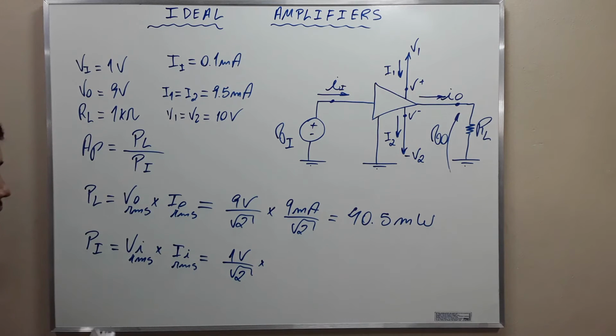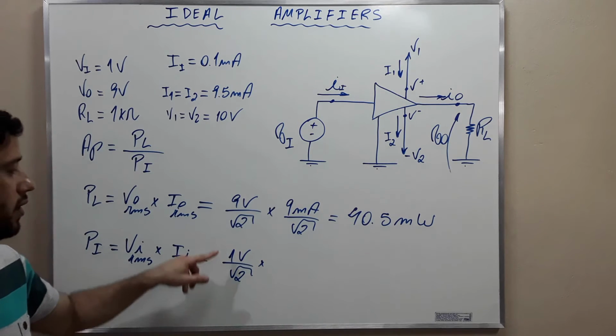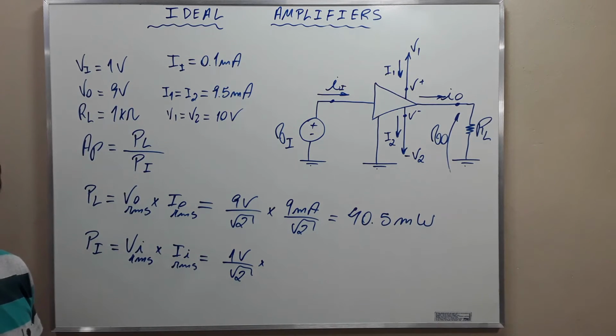Remember, again, to find the RMS value, we have to divide the peak value by the square root of 2.